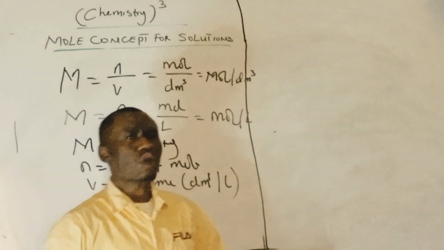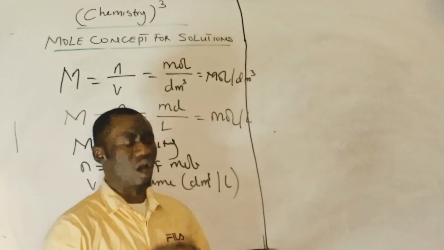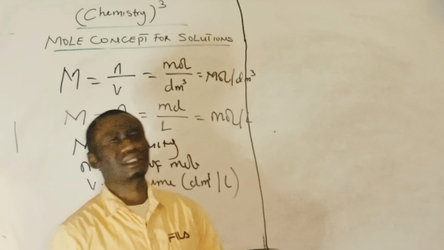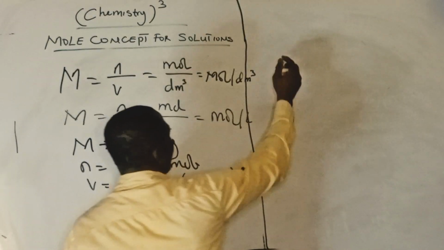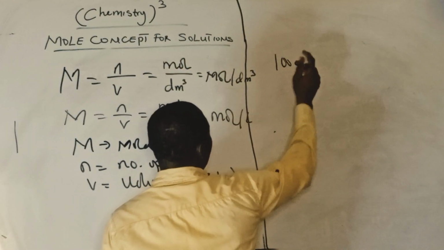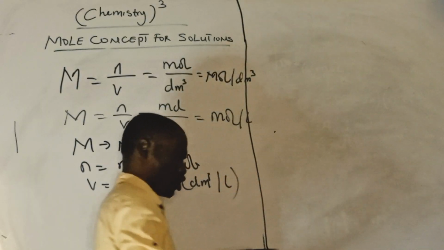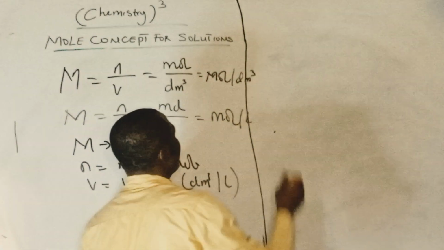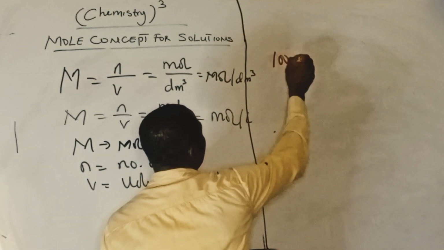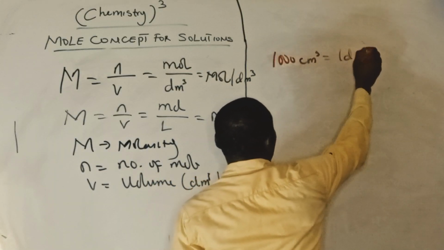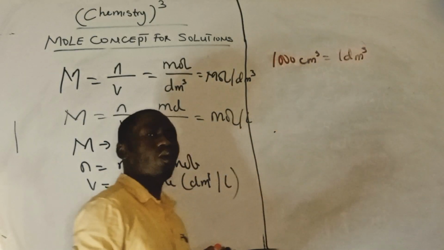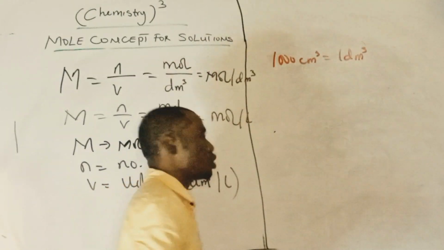Now, if you want to know how to convert the volume from cm³ to dm³ or liters, you need to know that 1000 cm³ is the same thing as 1 dm³.